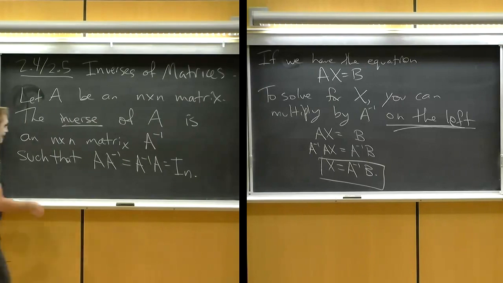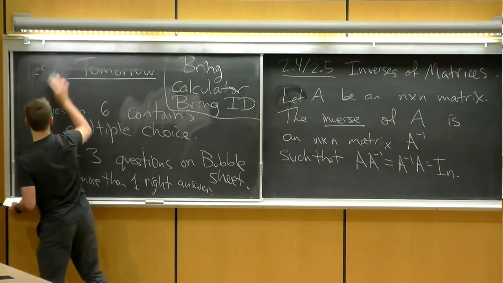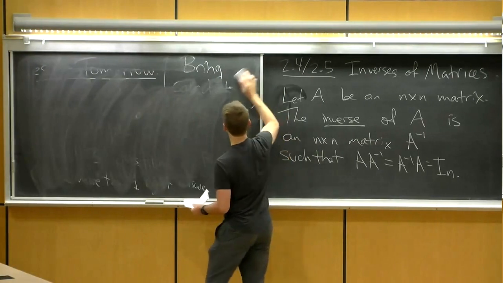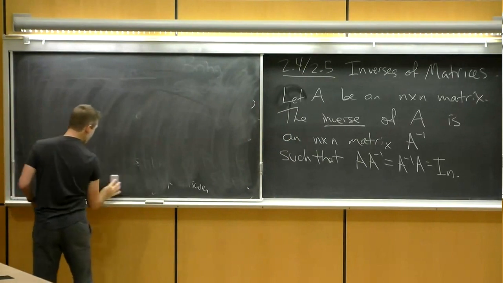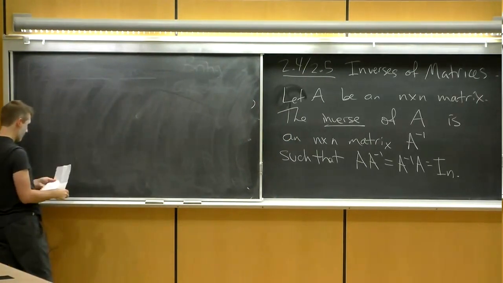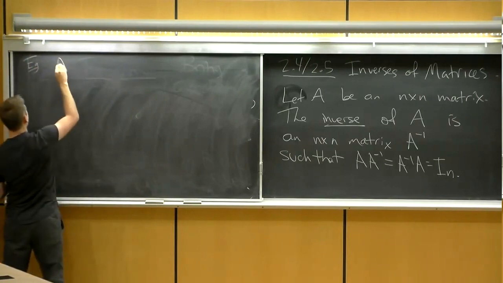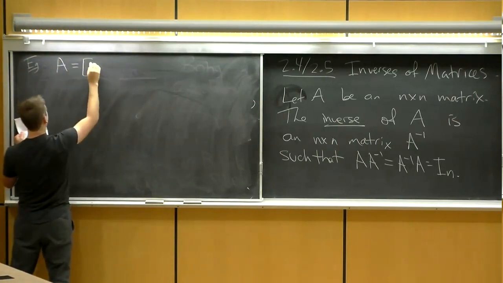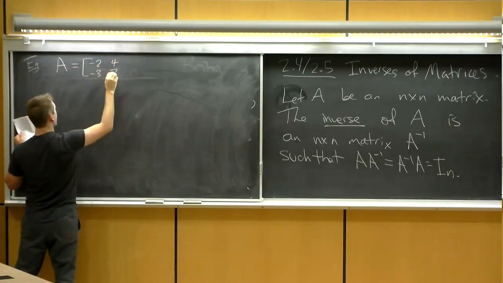Okay, so let me give you an example to show you how inverses work. For example, let's say A is the matrix -2, 4, -3, 7.